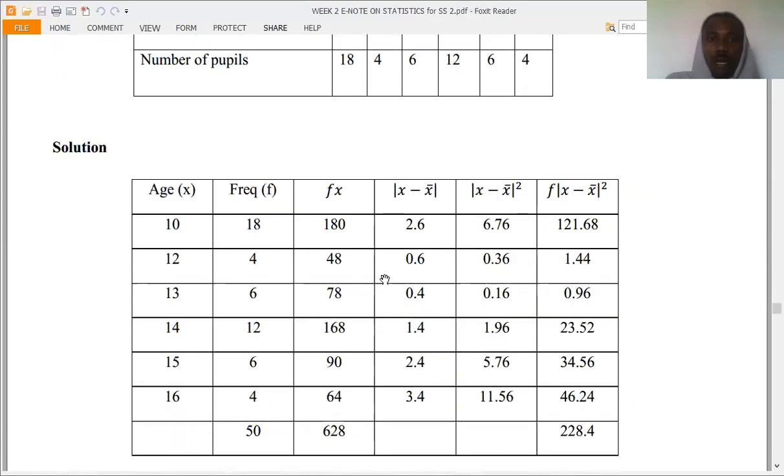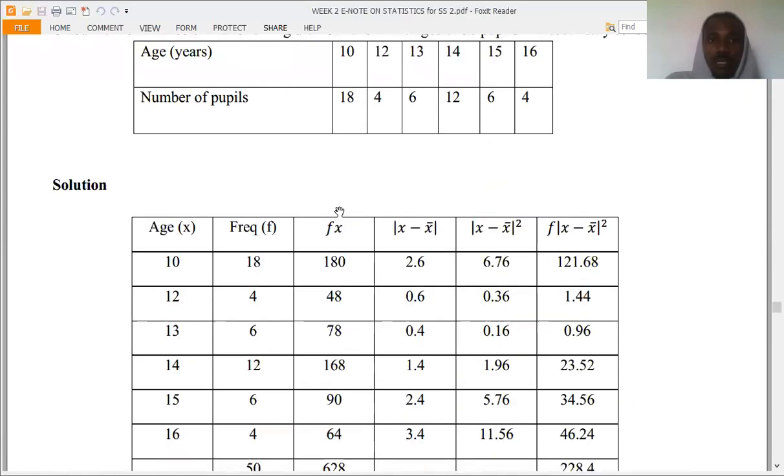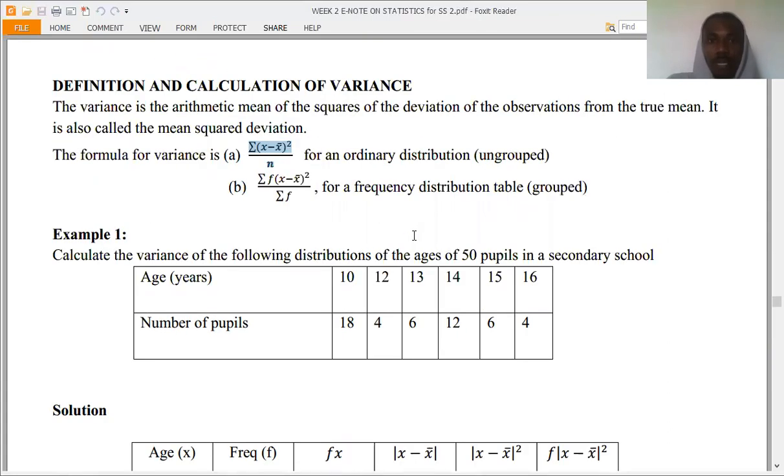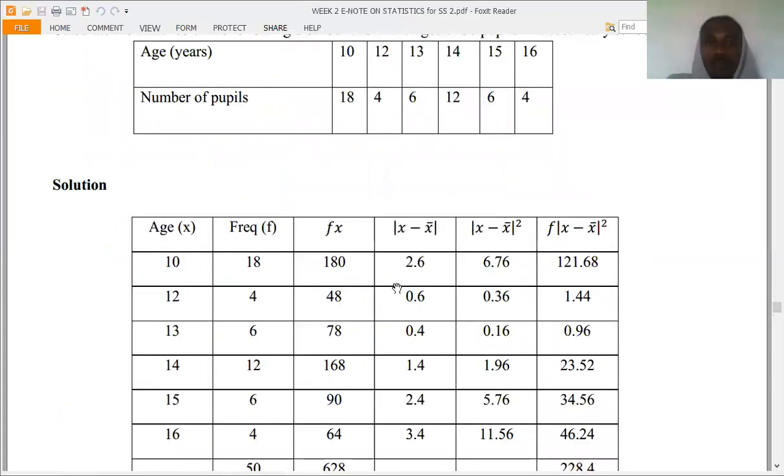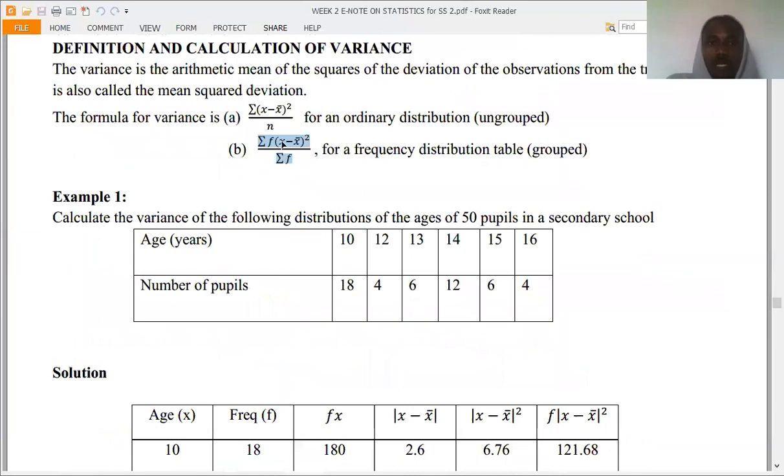We will form this table by adding all the ages, 10 to 16, the frequencies of each of these ages, and next we need fx. So the columns that are required in the table depend on the formula that you want to use to calculate whatever statistic. Am I making sense? So in the formula we need f of x minus x bar.